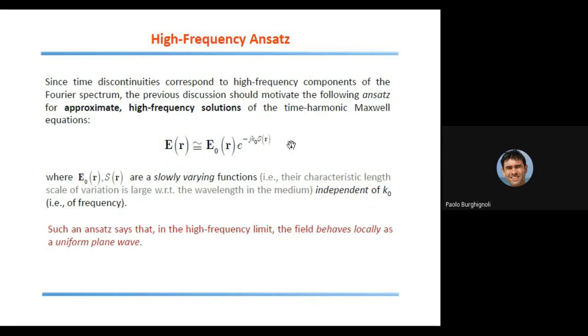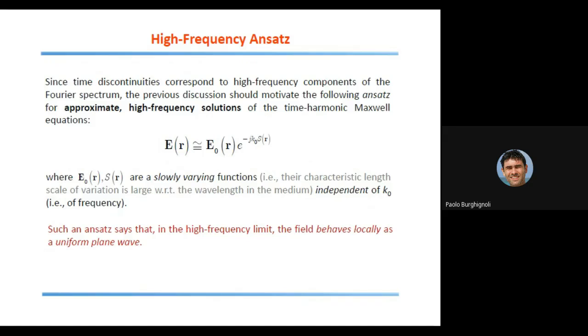Of course, we are assuming that these functions E0 and S, the Iconal, are slowly varying functions. That is, they vary along characteristic lengths which are large with respect to the scale of variation of the phase of our electromagnetic field, and the latter is, of course, the wavelength.